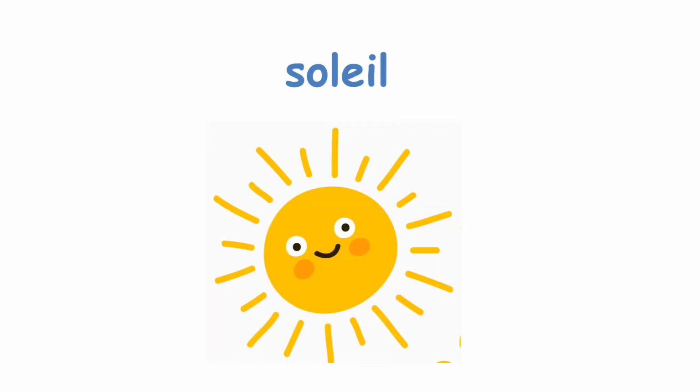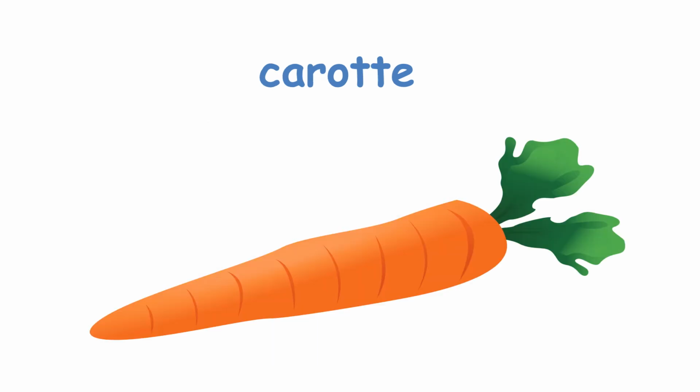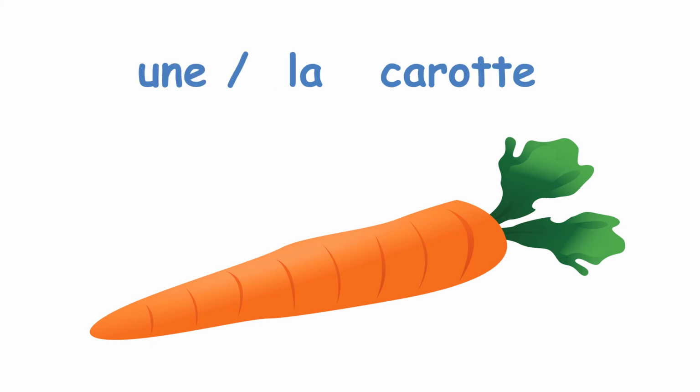Soleil. Masculin ou féminin? Masculin. Le soleil. And again, ending in the consonant. Carotte. Masculin ou féminin? Féminin. Super. Une carotte, la carotte. And again, it's got the double consonant E at the end.